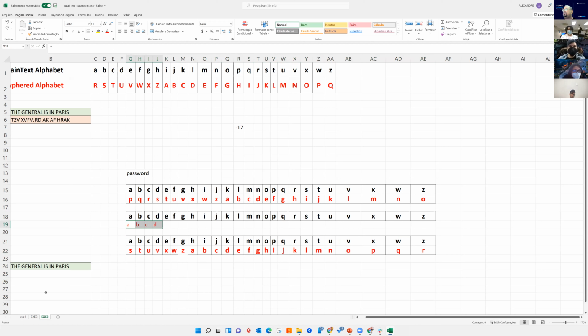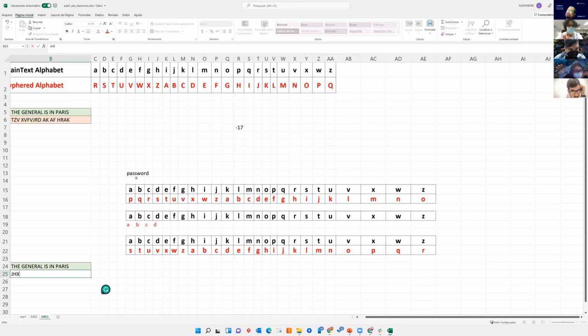Okay, if I want to cipher with this method, the T is J. The H is in the second cipher, okay? It is H because you don't have permutation. And the last one is the E. E is X. Did you understand or not?